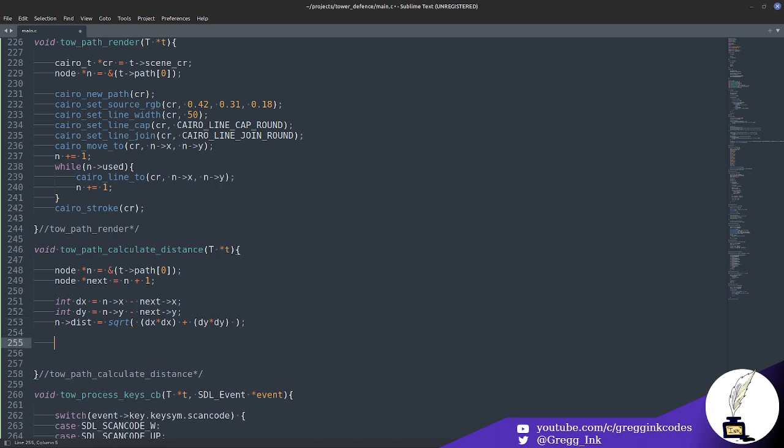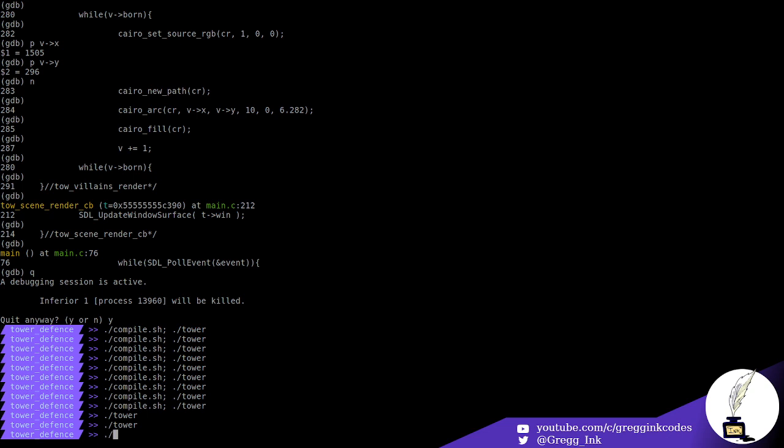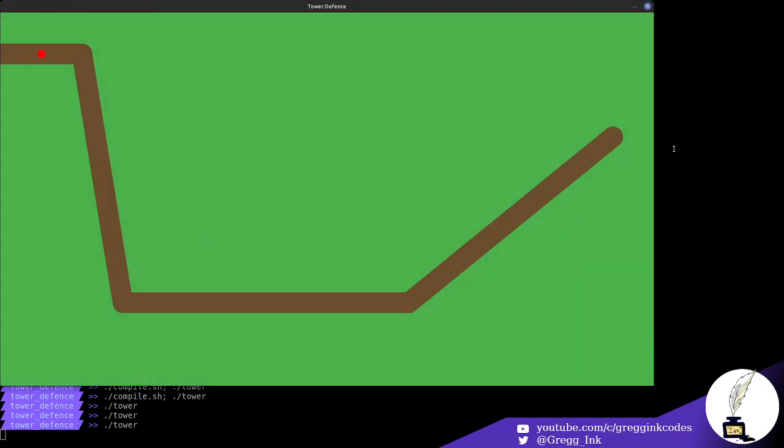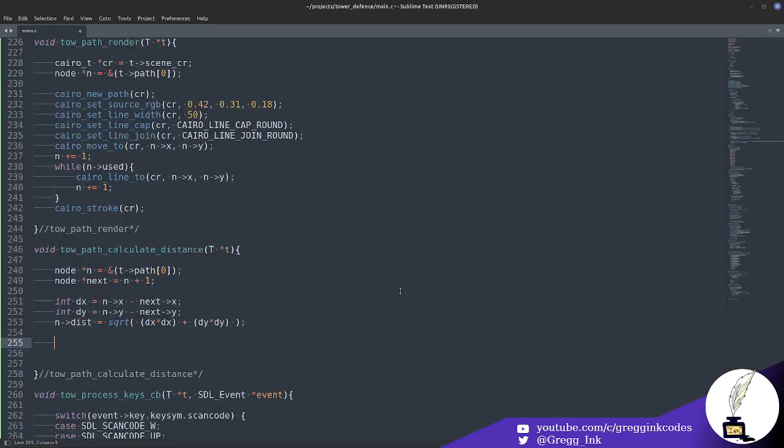Now there's a little bit of a problem here. If I do this, basically I have this first section here. You have the node here and you have the node here, so that's next. I calculate the distance, then the node here becomes the next one, and next becomes n.